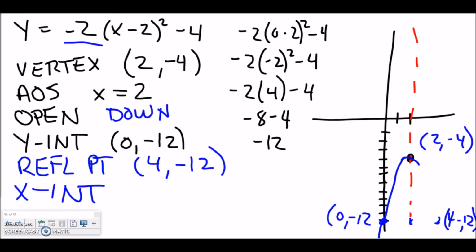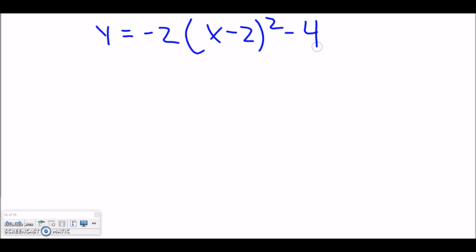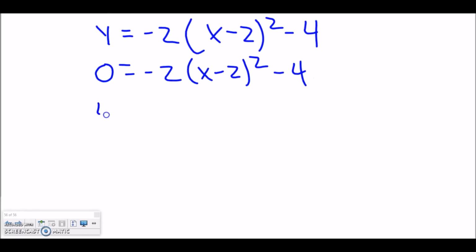I'm going to go to the next slide because I don't have enough room here. y equals -2(x minus 2) squared minus 4. Let y equal 0. Add 4 to both sides. Divide by 2.